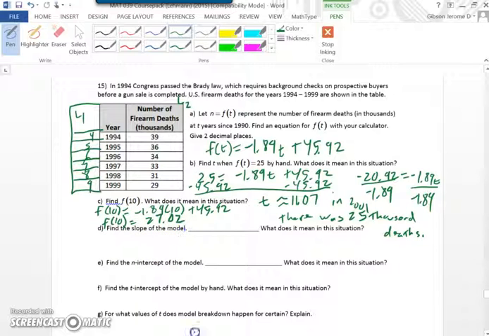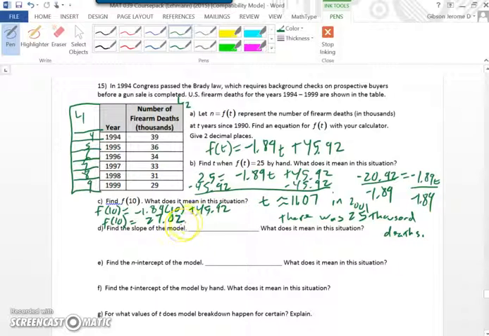And it says, what does it mean in this situation? That means 10 years after 1990, which would be 2000. So this is saying in the year 2000, and you need to write this down, there will be 27.02 thousand deaths.